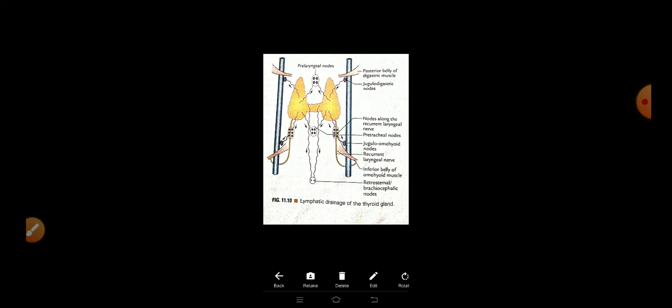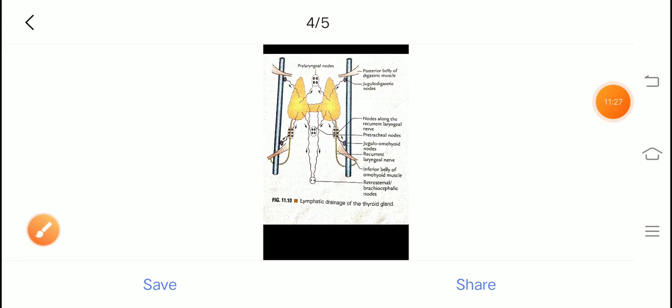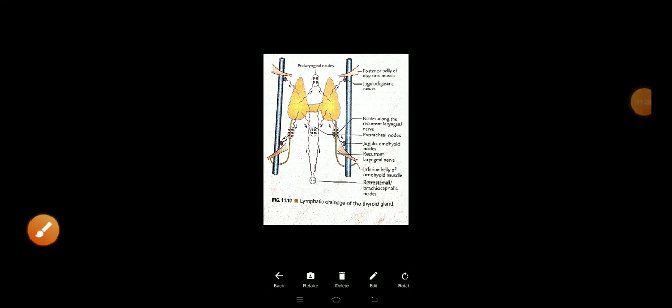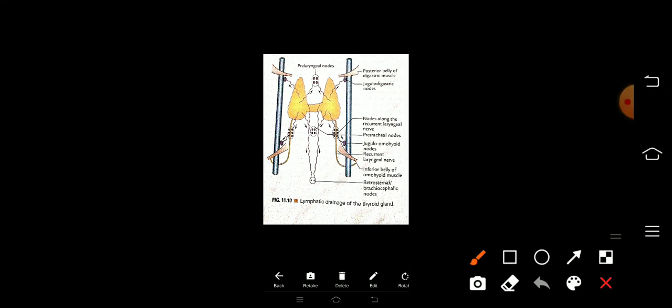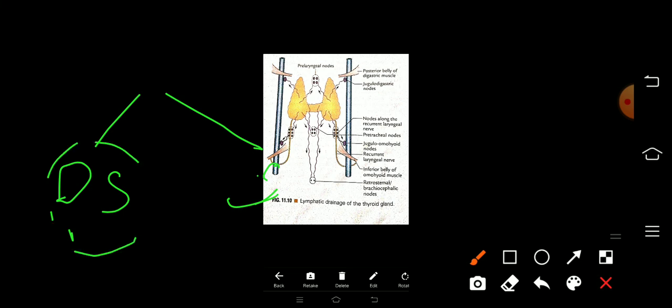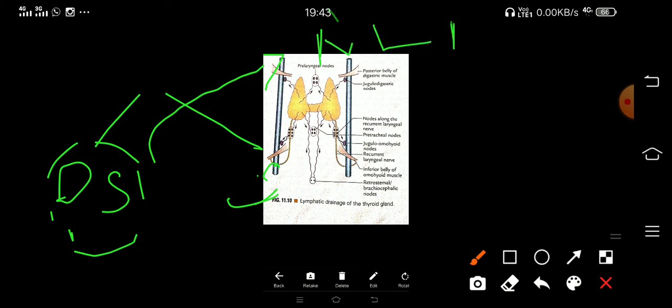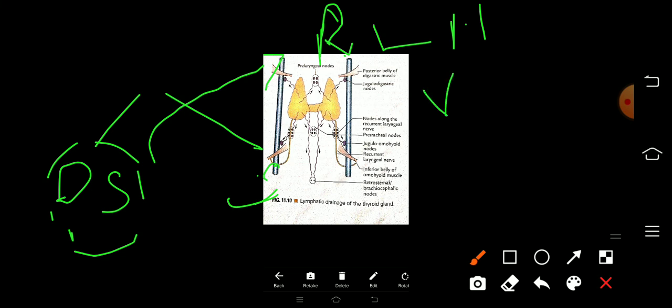Now, one more topic is the nerve supply. For nerve supply, I don't have any pictures because it's quite simple to study. You know that it has two parts, parasympathetic supply and sympathetic supply. Parasympathetic supply is by the two nerves that we see very normally, the recurrent laryngeal nerve and the vagus nerve, a very familiar nerve.